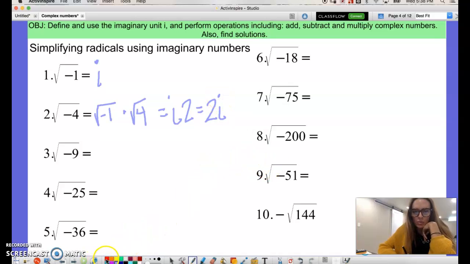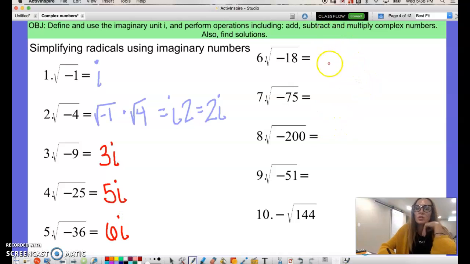Imaginary numbers are almost like a variable. For this one, same thing. So we have I for sure, and then the square root of 9 is 3. Okay. The square root of 25 is 5, and we know I is the square root of -1. 36, same thing. We have 6I.